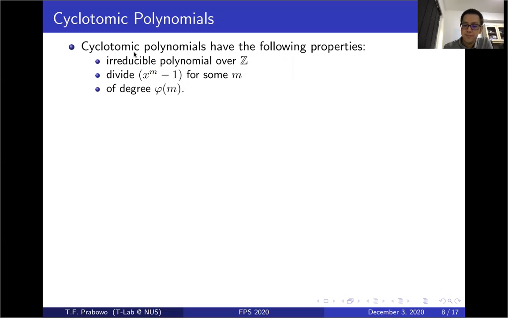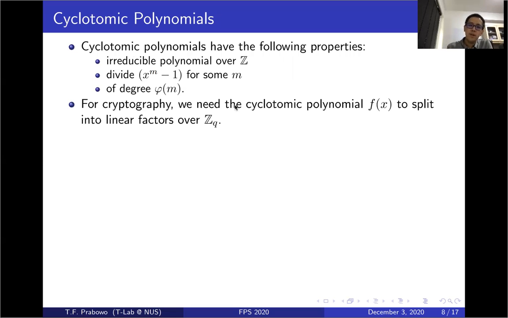For cryptography, we actually need another property, which is the polynomial needs to split into linear factors over Zq, meaning when we take modulo q, it actually splits into linear terms. Notice that without modulo q, it is irreducible. You cannot factor further, but modulo q, you can factor them into linear factors.